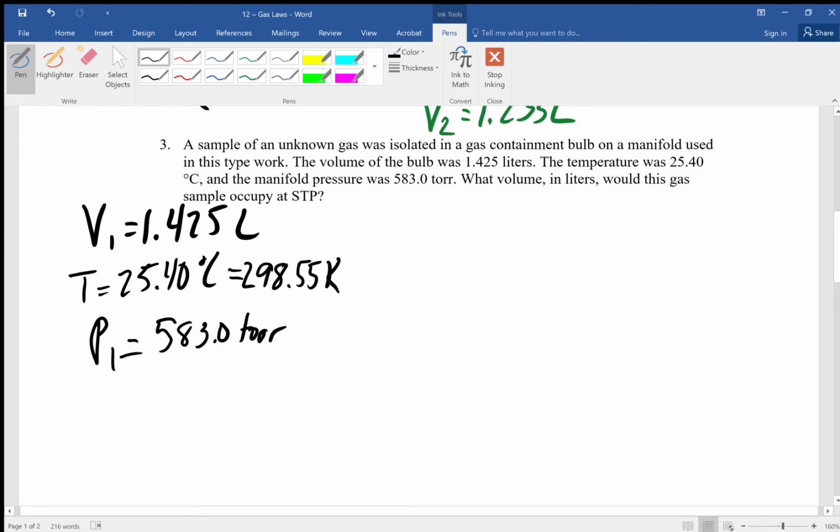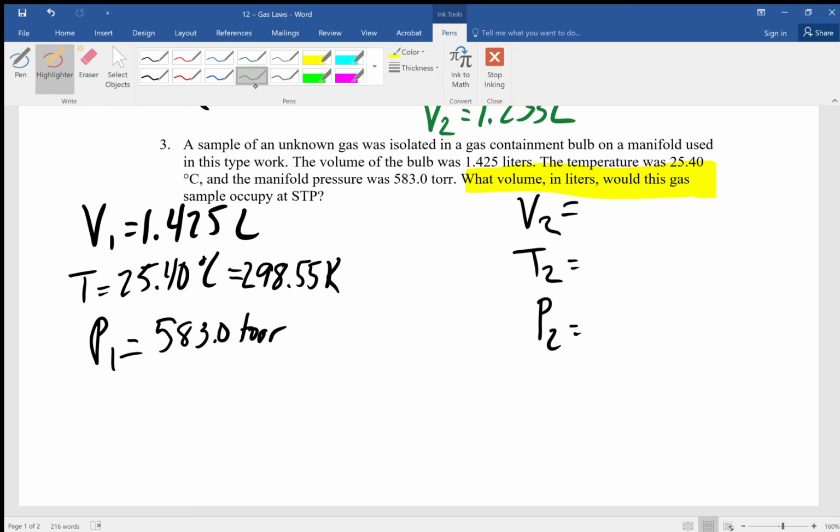Now, what are our new conditions? So the question asks what volume in liters. So we already know that V2 is unknown. Would this sample occupy at STP?